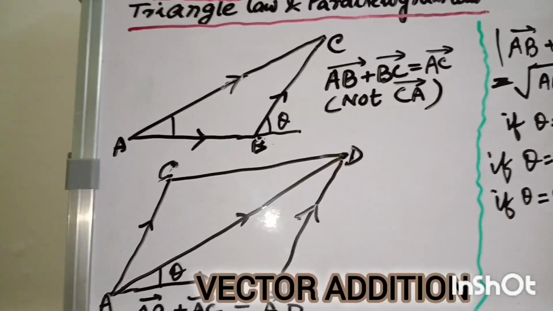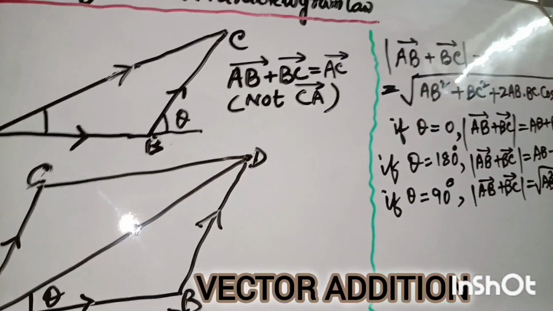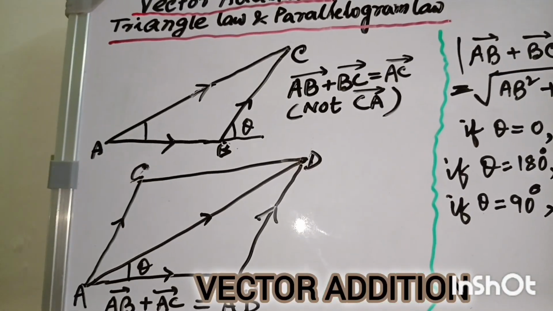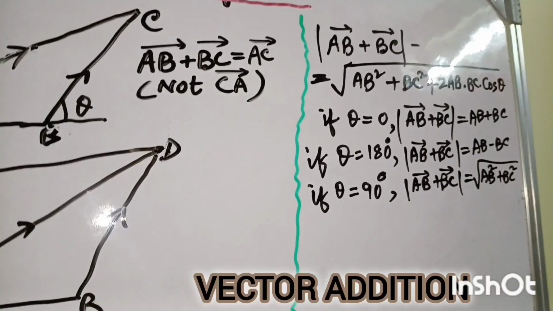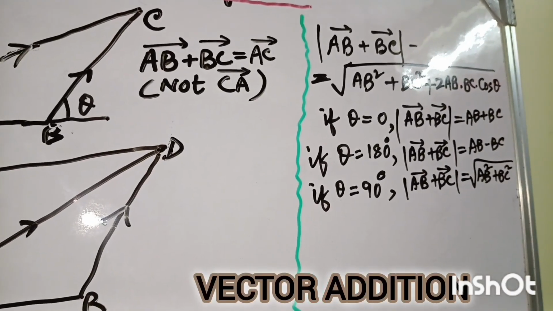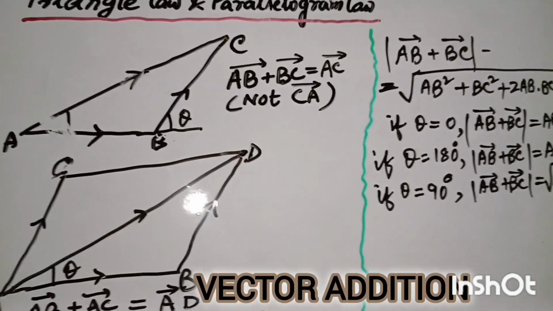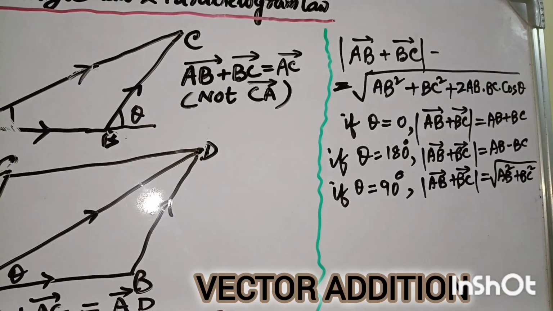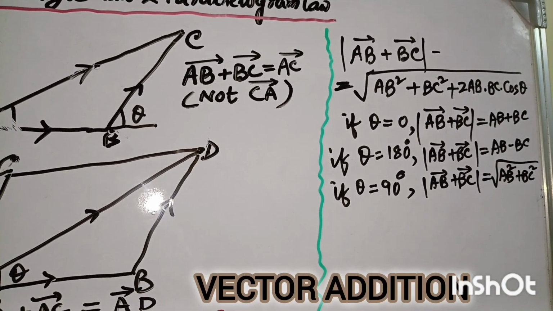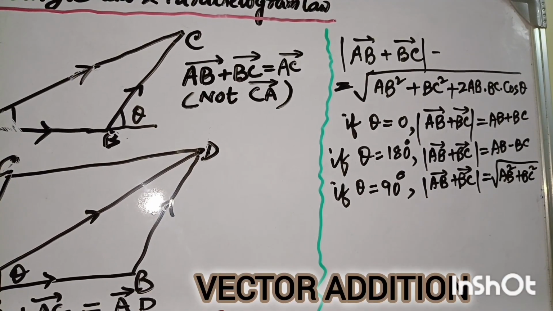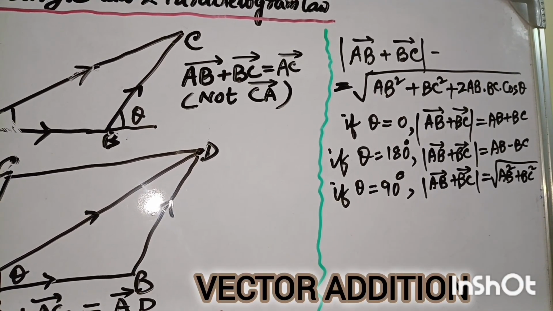Now, to find the magnitude of the resultant, we have to deduce it, but I am not showing the deduction here because you can find it anywhere. If AB and BC are the magnitudes of the two vectors, then the resultant has a magnitude equal to root over AB square plus BC square plus 2 into AB into BC into cos theta. Theta is the angle between the vectors.